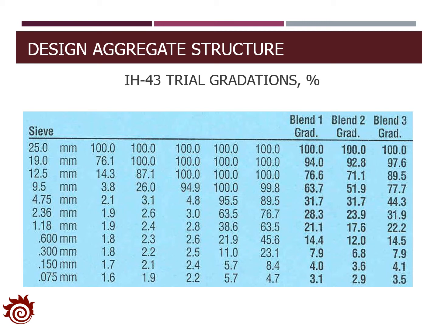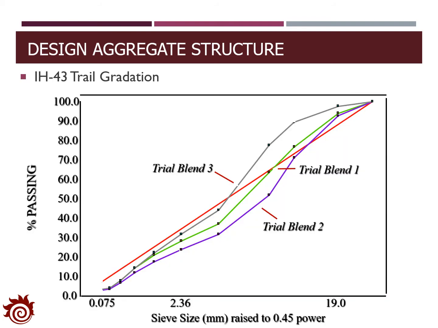which shows the percentage passing for different sieve sizes. All these 3 gradations satisfy the constraints in the previous 0.45 power chart. The figure here illustrates the aggregate gradations defined in the previous table.